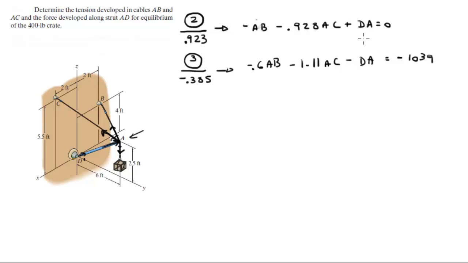So when you add them together, as you see, the dA's cancel out, and I get this new equation, which is minus 1.6 AB minus 2.038 AC is equal to minus 1039.